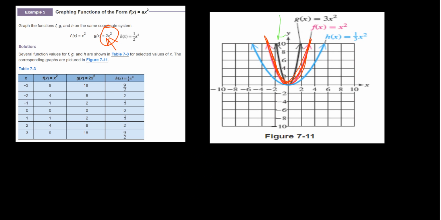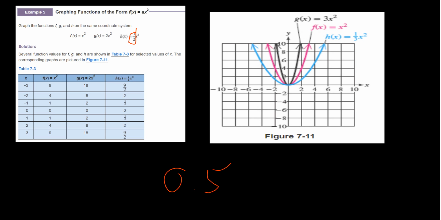Well, a vertical shrink is exactly what it sounds like, right? So this number, 1/2, is again 0.5, which is between 0 and 1. So we shrink it. Going from the pink line to the black line, we take the graph and stretch it vertically, kind of pull it up.